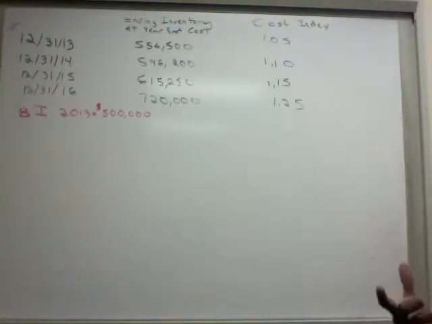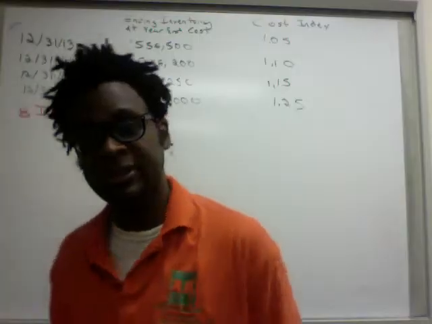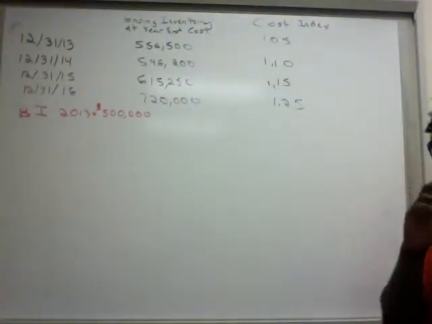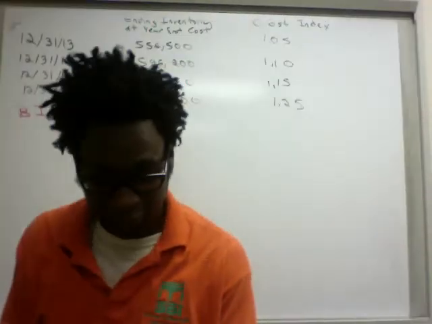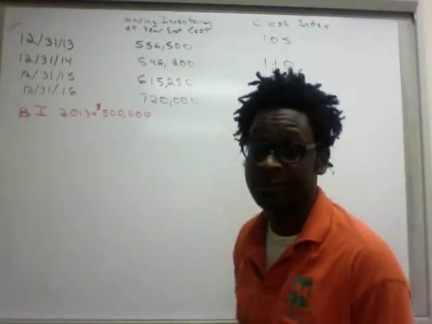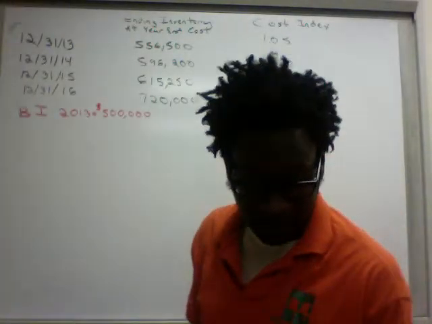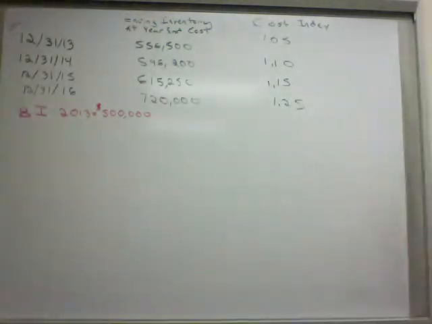What they've also given us, which we have to use in order to perform the proper calculation, is a cost index. This cost index will be given to you. There's a systematic step approach for us to calculate this. The first thing we have to do is calculate ending inventory at the base year's cost.